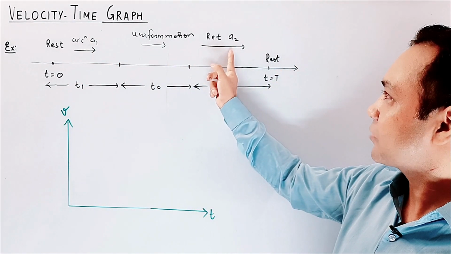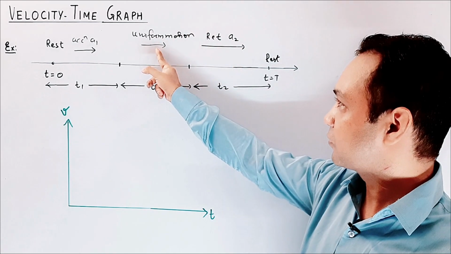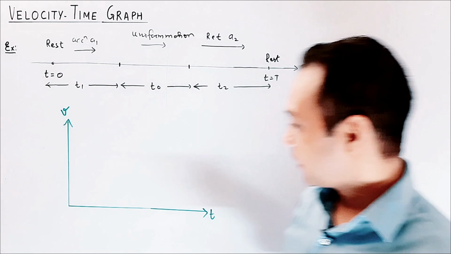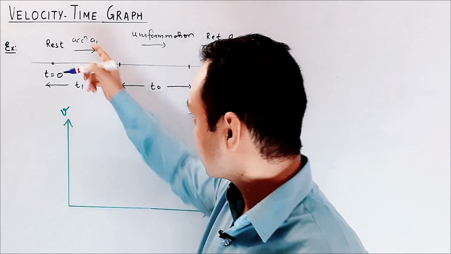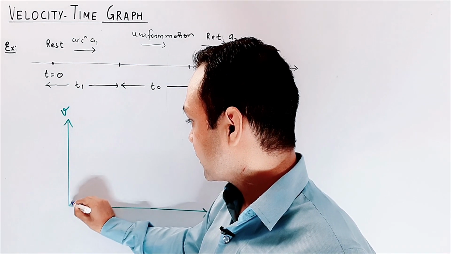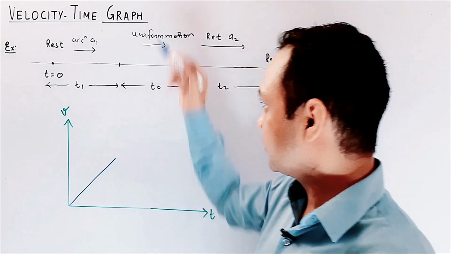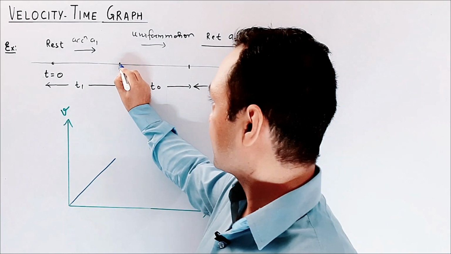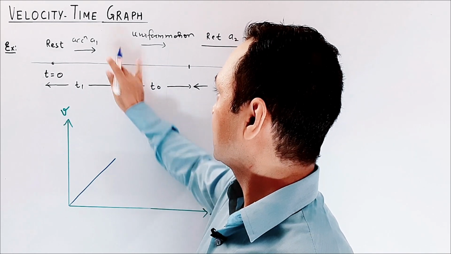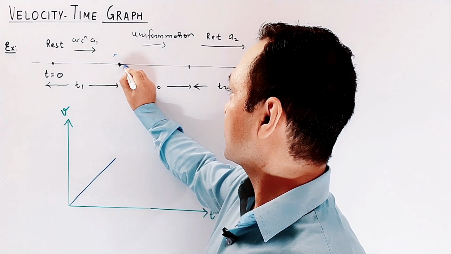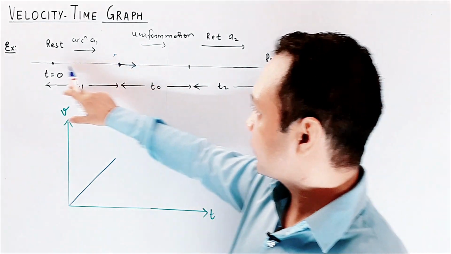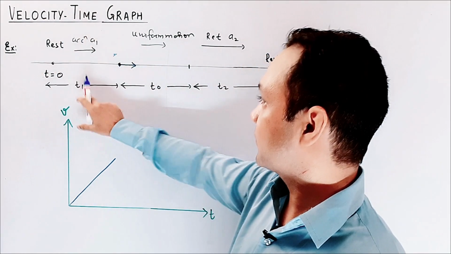This acceleration is a1, this acceleration is 0, this acceleration is minus a2. It starts from rest, so this graph would have positive acceleration, and would be something like this. It reaches a peak velocity at this point, and we can get this peak velocity by the first equation of motion, v is equal to u plus at. So u is 0, acceleration is a1, time is t1.